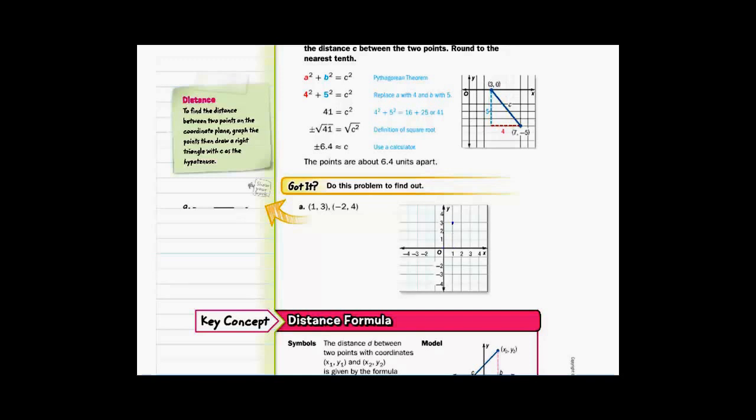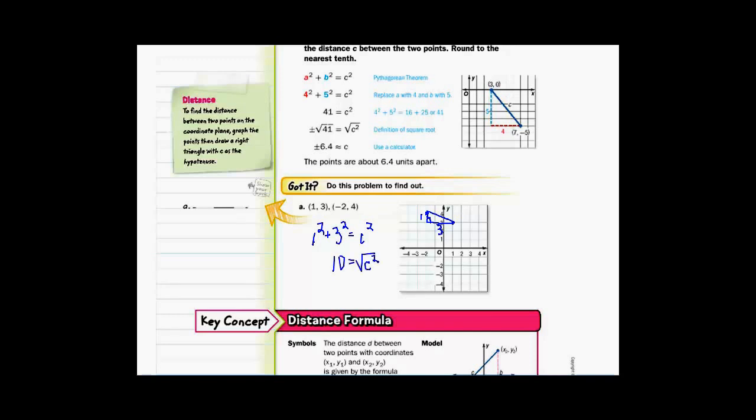So now that I just erased my points, let's try this again. 1, 3, and -2, 4. All right, we're talking about this triangle right here. Here's my right angle, which means this has to be a leg that's 1 unit tall. This has to be a leg, which is 1, 2, 3 units long. So I've got 1 squared plus 3 squared equals c squared. So that's 1 plus 9, so 10.